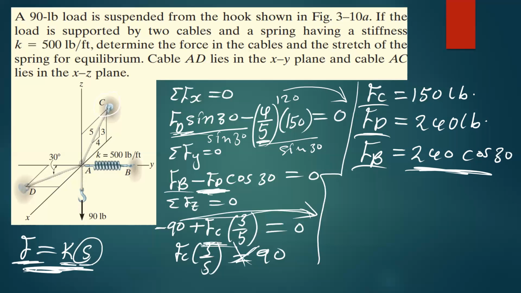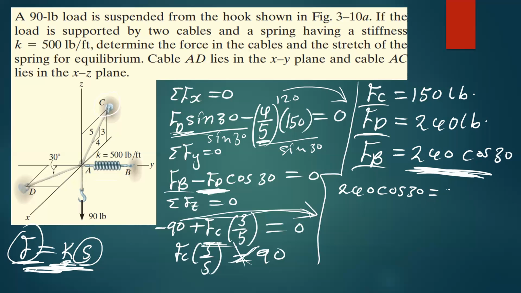The value of F is simply the force that is in B, which is what you have found there. So we will replace the figures there. I'm going to put my 240 cos 30, and this will be equal to K times S. The value of K has been given as 500 pounds.